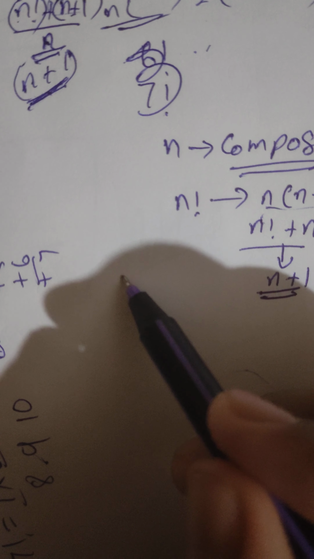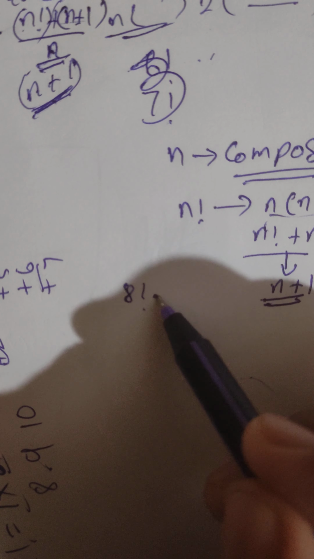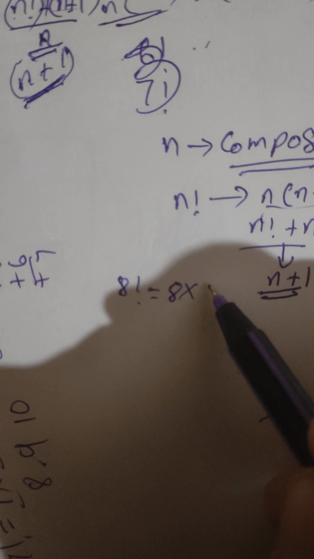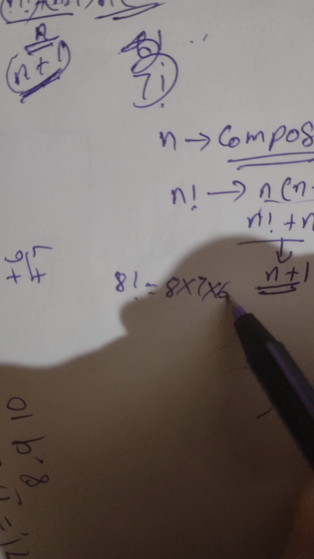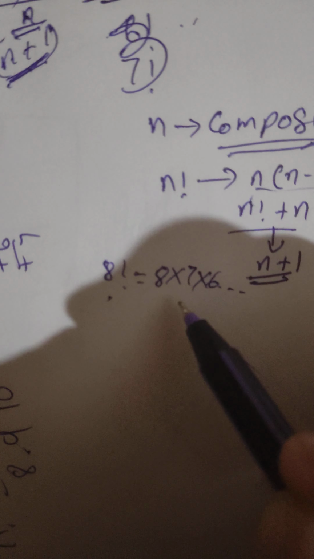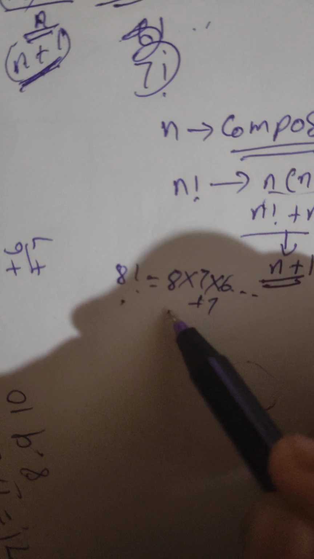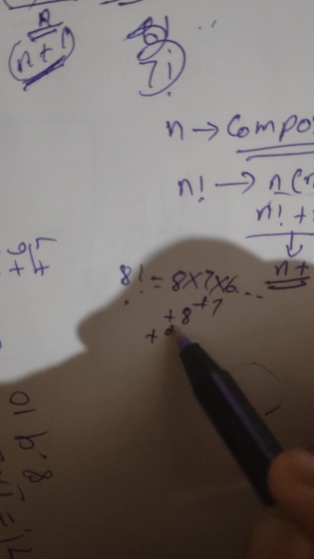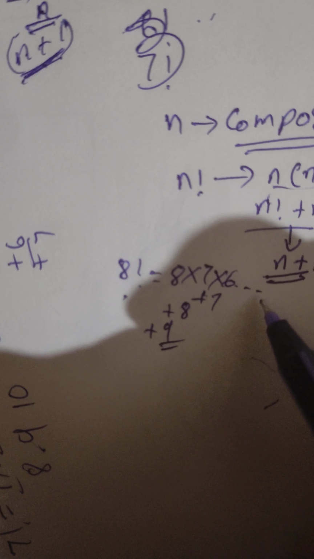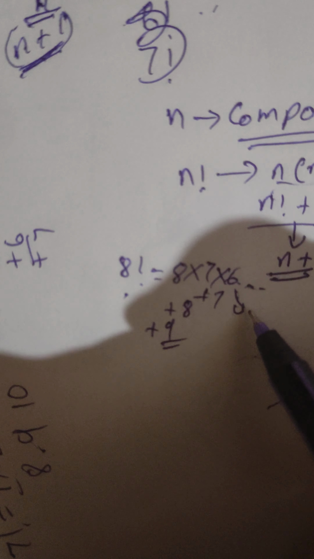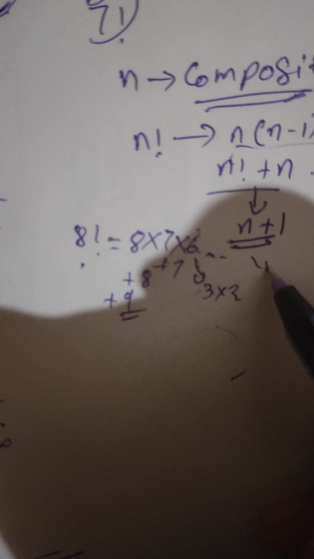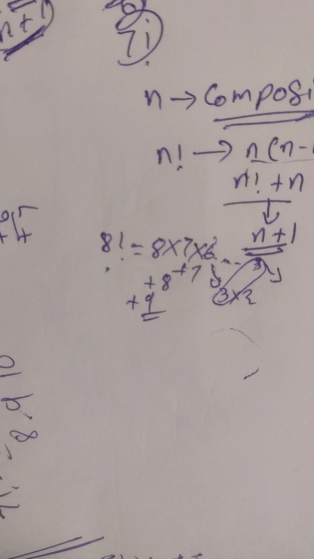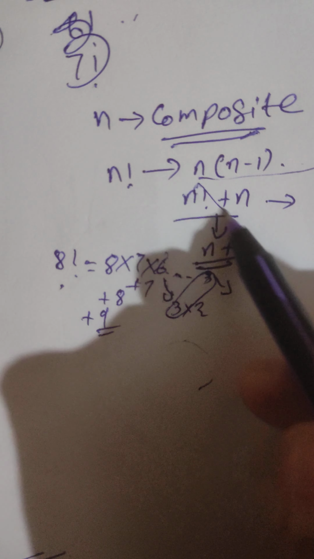Let us take an example here, suppose 8 factorial, we can write this as 8 into 7 into 6, right? And we can do plus 7 till plus 8, but here I took 9, and 9 is present, I think, here, right? 6 can be written as 3 into 2, and here also 3 is present, right? So 3 into 3, 9 is present. We can take 9 common here. So this is also not the case.